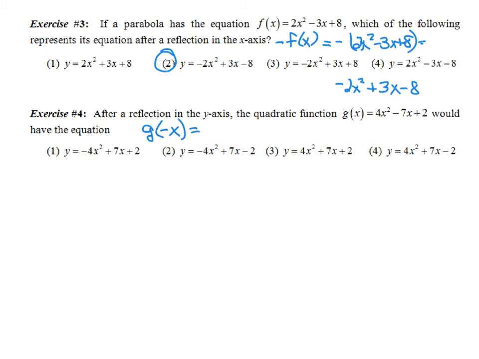So let's replace each x in my function with a negative x. So I want 4 times negative x squared minus 7 times negative x plus 2. So the function that I'm looking for would be 4x squared plus 7x plus 2. And of course, this is choice number 3.